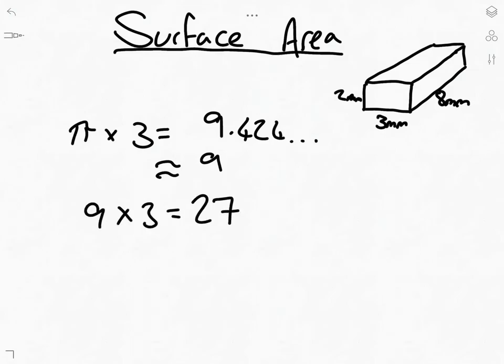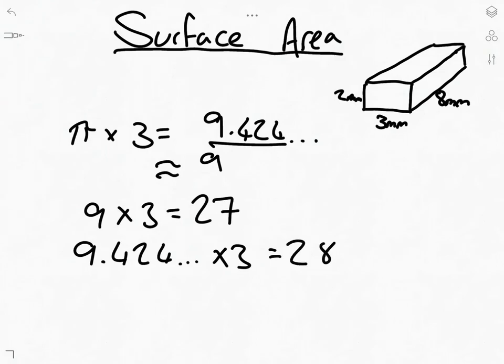But if you use your actual answer, 9.424, just use the calculator and put it in, times 3, you get 28.27, and so on. So you see, even there, really quickly, we've rounded here, and it's given us a different answer to what the actual answer should be.